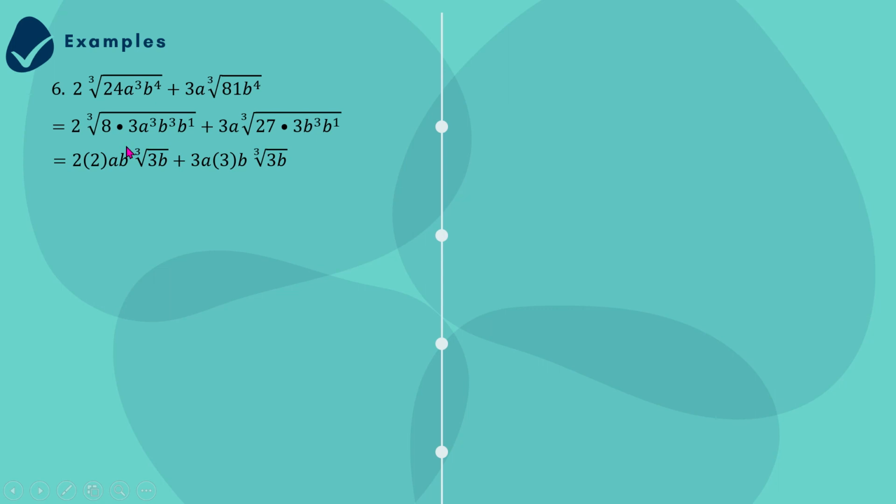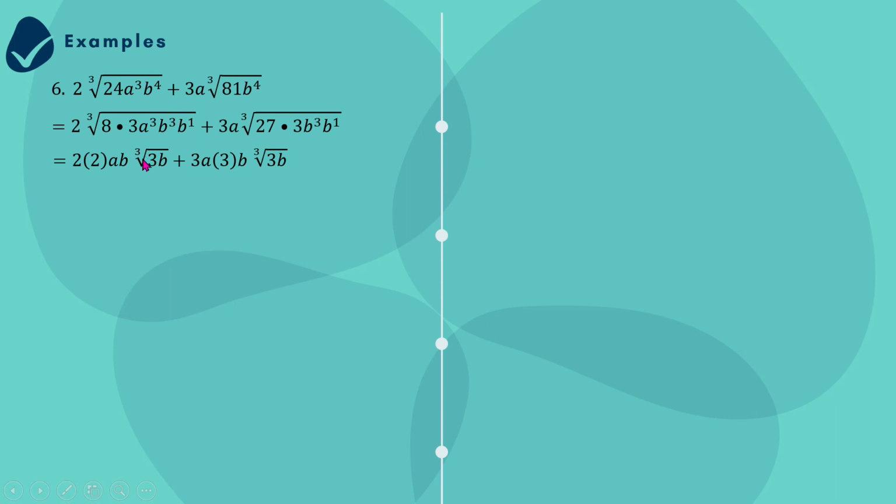Next, part of the solution, cube root of 8 is 2. That is the 2 in parenthesis, beside the 2 outside. Then, a cube cancels index 3, so a comes out. The b cube cancels index 3, and b comes out. What remains inside is 3 or b exponent 1, or 3b.